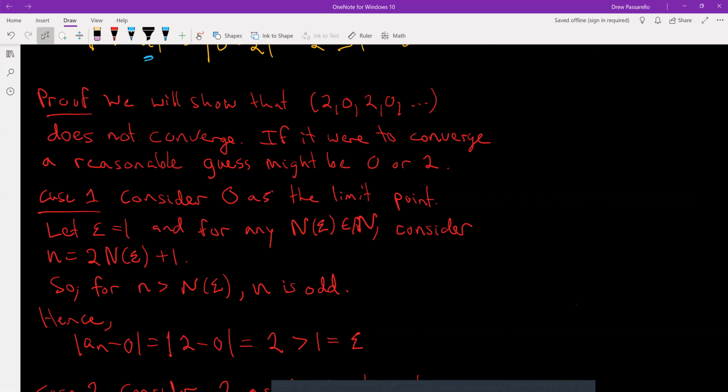So case 1, consider 0 as our limit point. We're going to pick epsilon equal to 1. Then for any capital N, a natural number, consider little n equal to 2 times capital N plus 1. So that means we're dealing with odd values for the index little n.